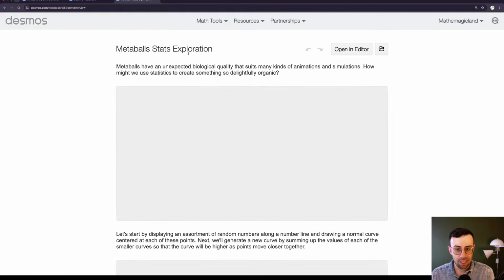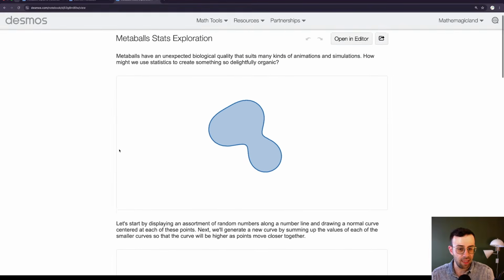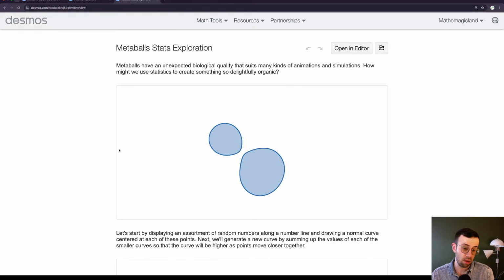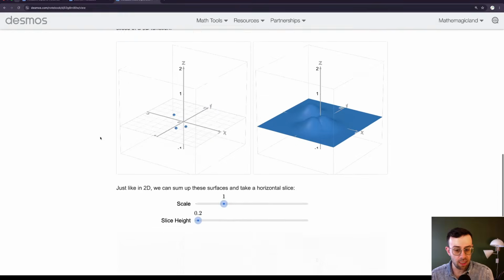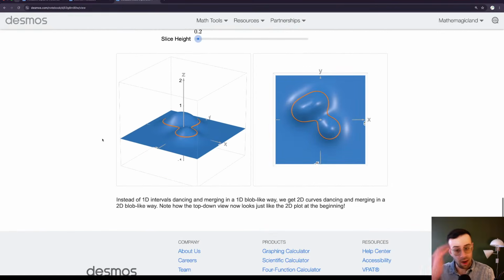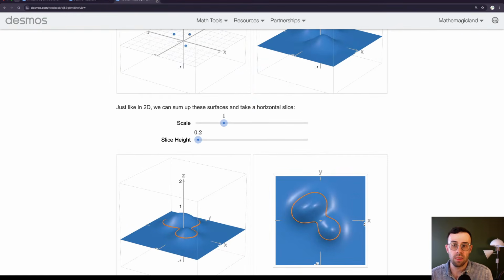But it uses stats to figure this out. You see they have it playing like that. I'm not going to copy what they do. But the idea is you can use statistics to figure this out. We're going to do a similar thing, but we're going to use these implicit relations.